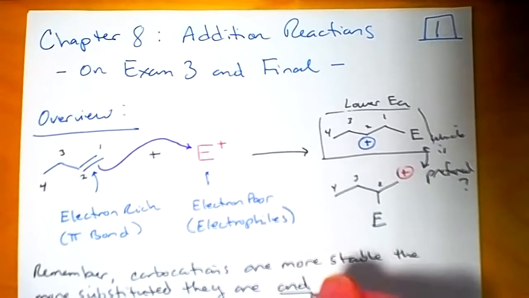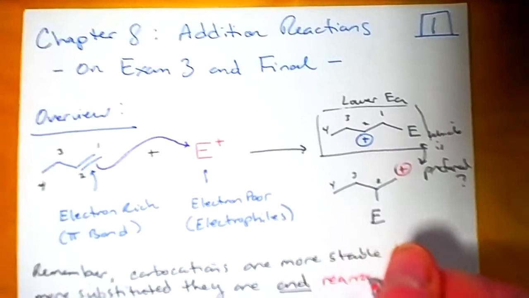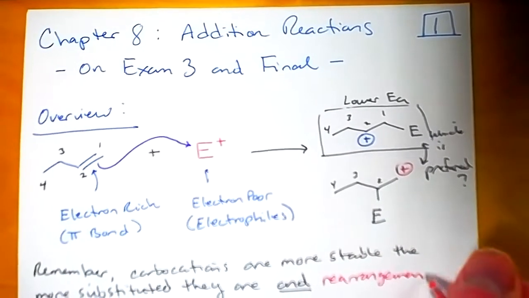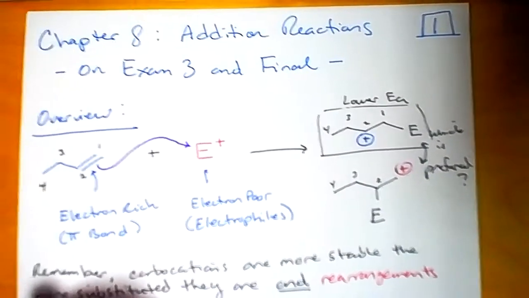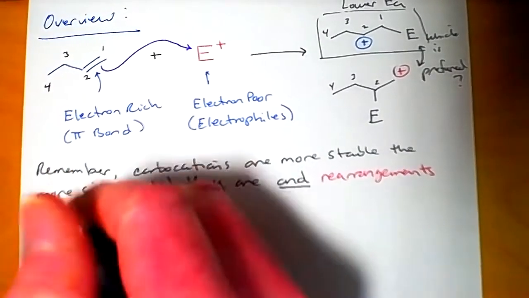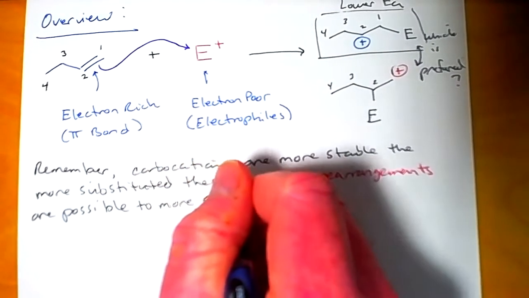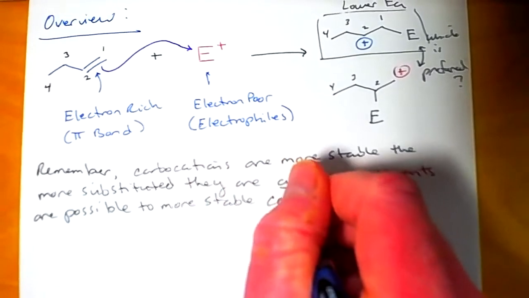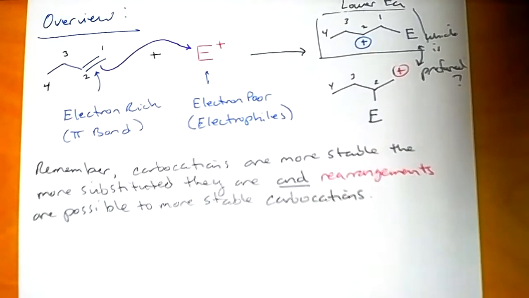And this is very important: rearrangements are possible to more stable cations. So we have to keep that in the back of our mind while we're doing this.